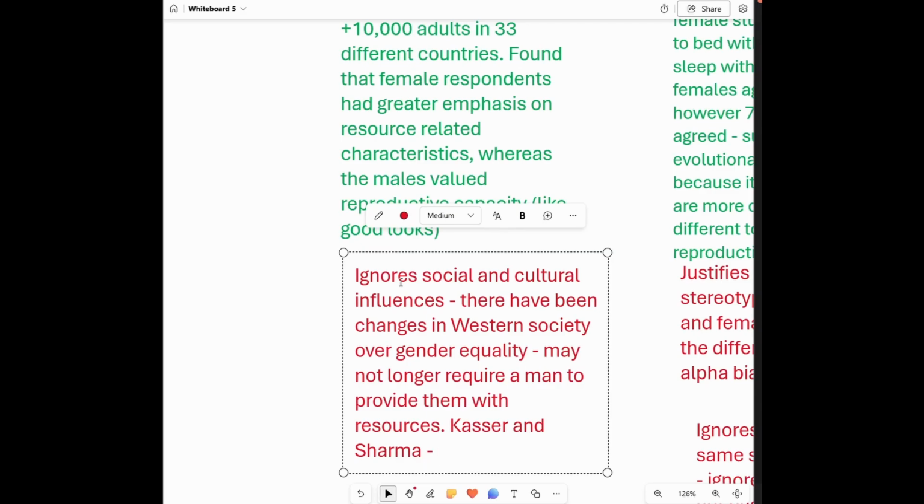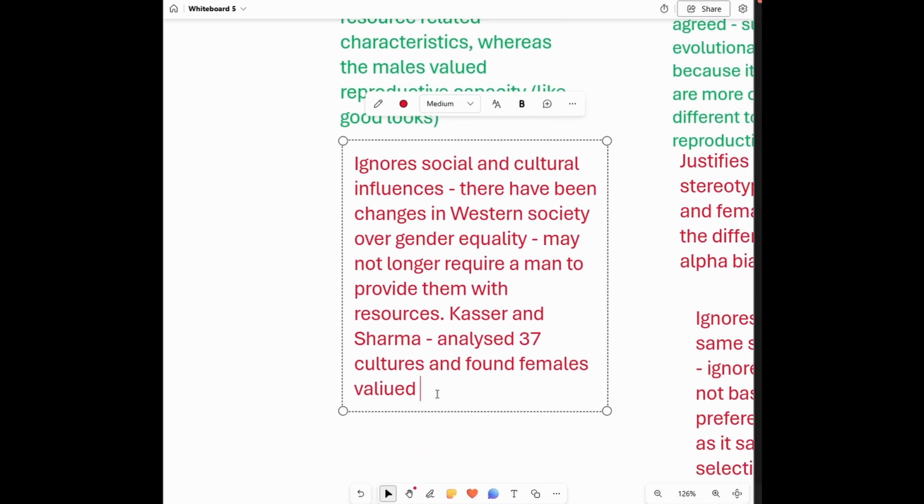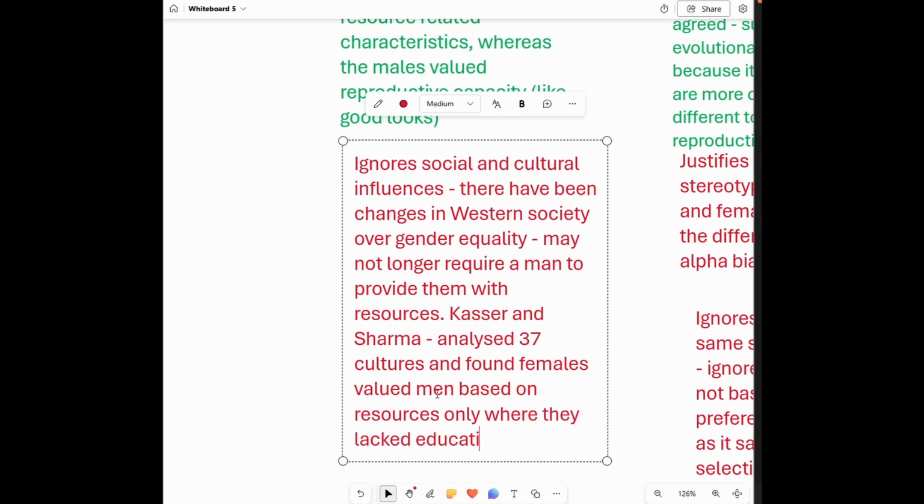Kasser and Sharma analyzed 37 cultures and found females valued men based on resources only where they lacked education and work, their poverty.